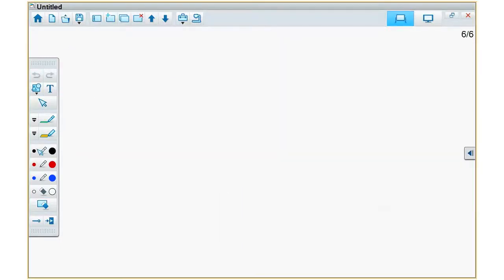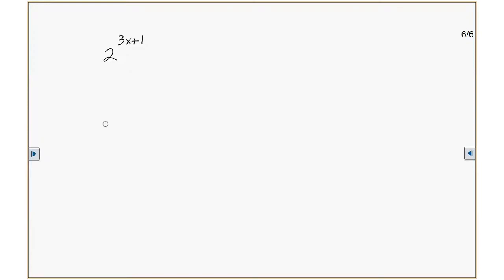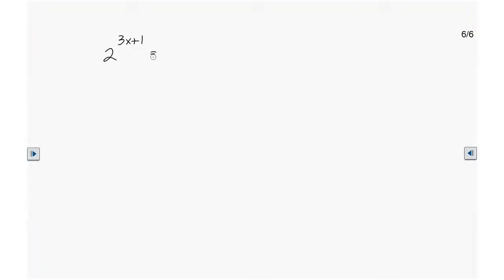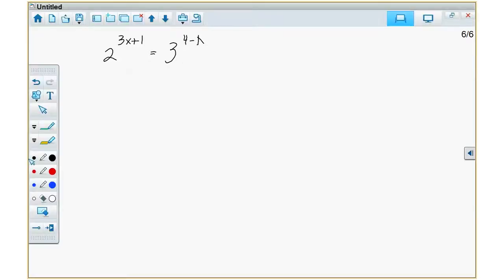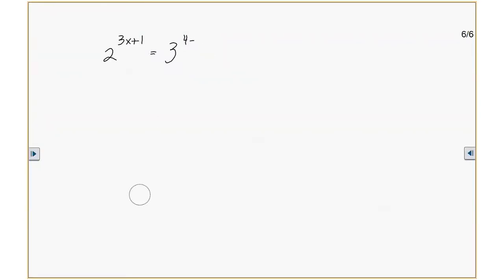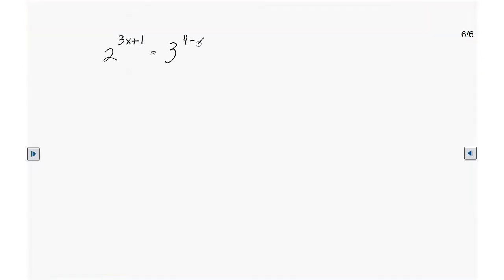All right, what does it say? 2 to the 3x plus 1 is equal to 3 to the 4 minus x. Can we do anything to make the bases the same? Everybody should say what? No. Why do I say no?